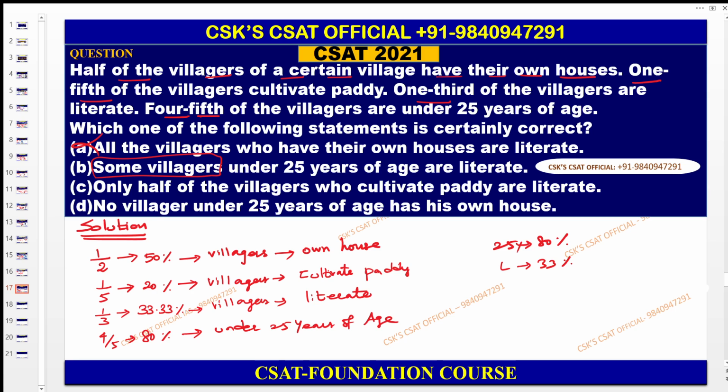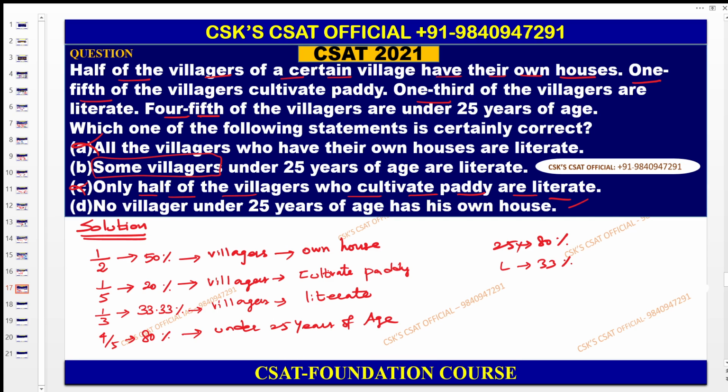Okay. Now let us move on with the rest of the options, and then we will pick. Only half of the villagers who cultivate paddy are literate. So 10% is not possible, automatically wrong, since literate here is 33.33%. No villagers under 25 are literate. This may not be so either, but not sure.